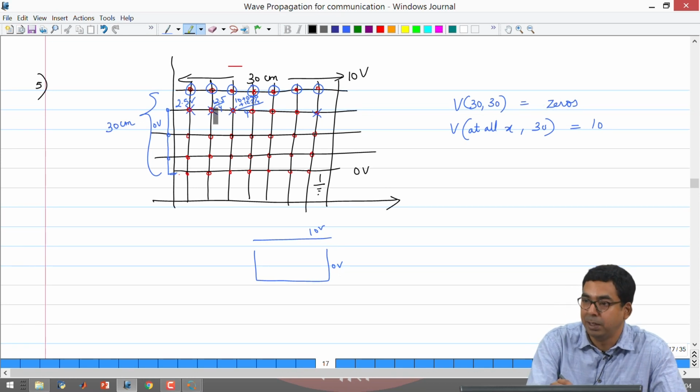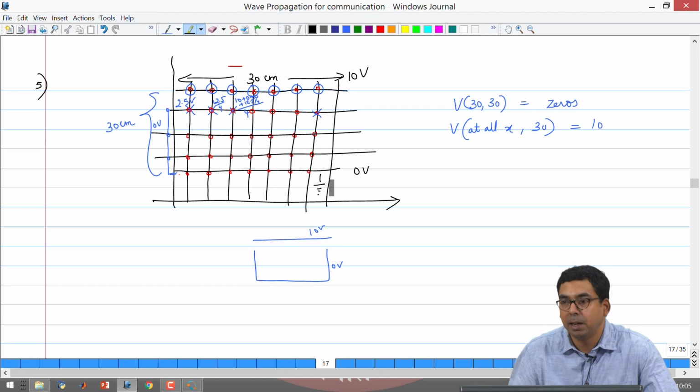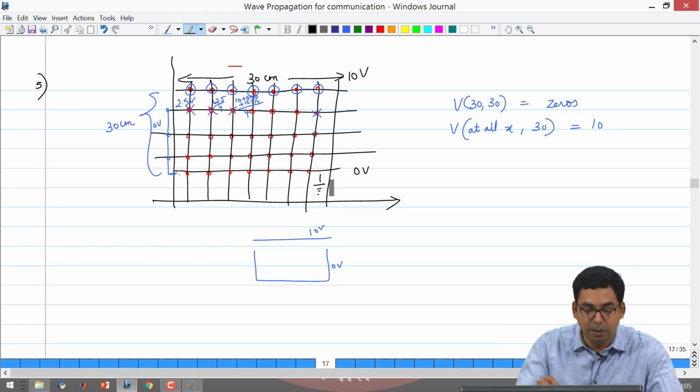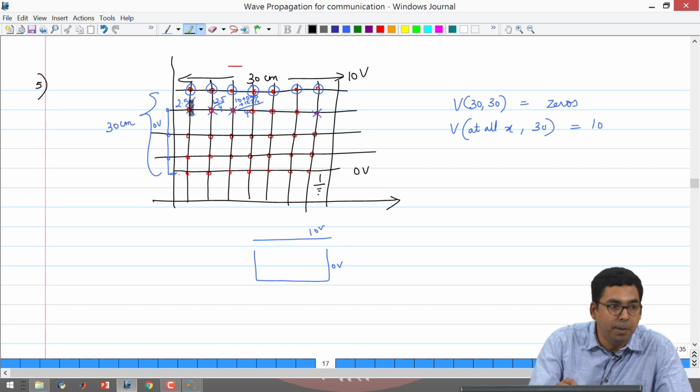So, we need to rectify this. Now what the algorithm will do is, when you go from top to bottom for all the unknown points, we will say that we have finished one iteration of the calculation. So, we will go to the second iteration. You will start over here, and once again compute the average of all the neighboring points. So, you will have 10 plus 12.5 divided by 4 plus whatever you had computed in the previous iteration.